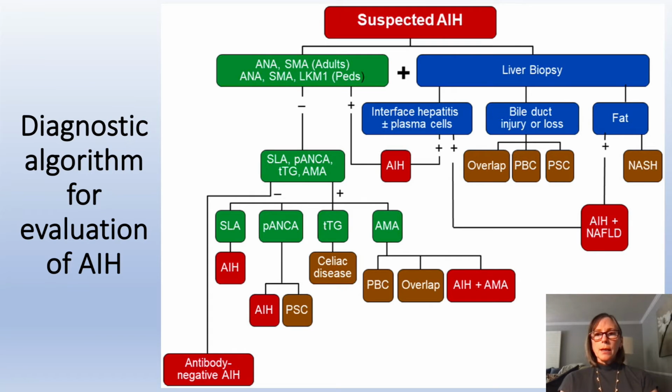This is a flow diagram that's in the document regarding the evaluation of a patient who may have autoimmune hepatitis. I don't plan on going over this in any kind of detail, but I wanted to show you this as another example of the complete picture and flow that we provide for the clinician so that they can accurately diagnose autoimmune hepatitis.